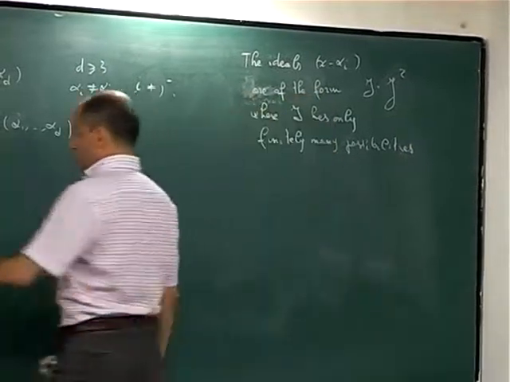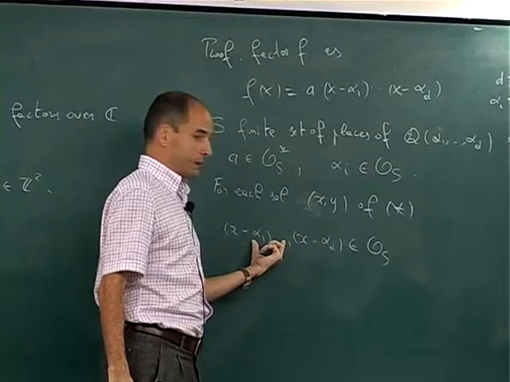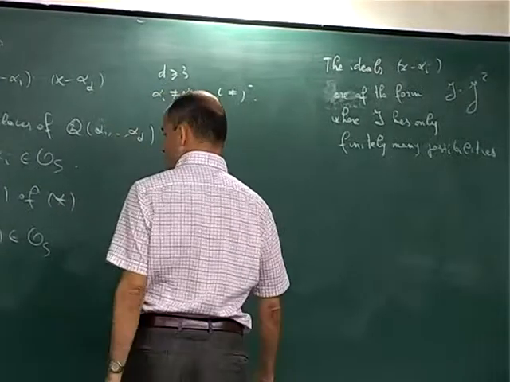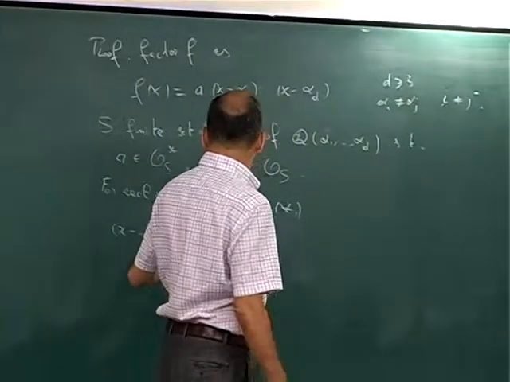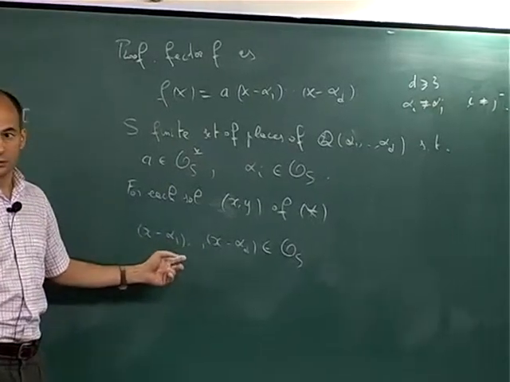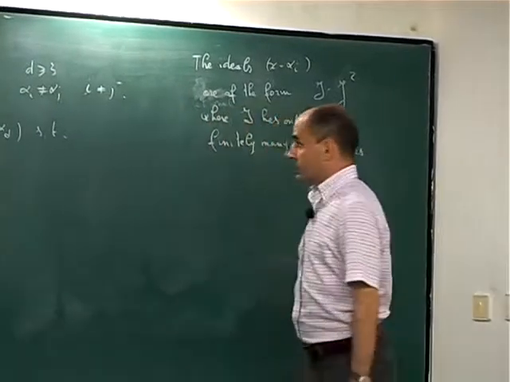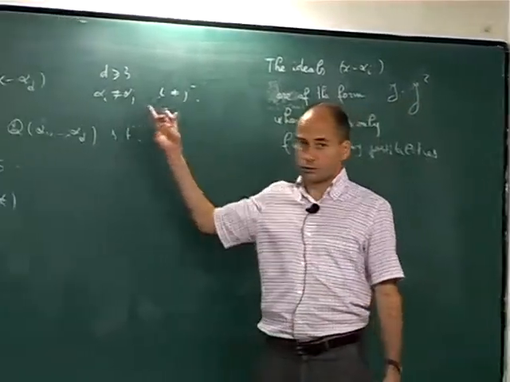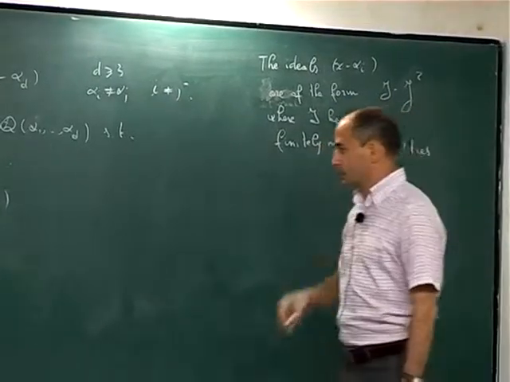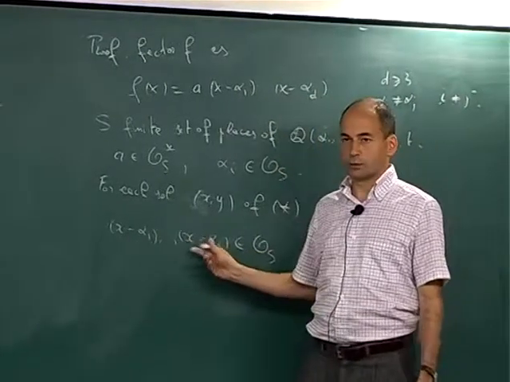This is because the product is a square, and if two elements belong to the same ideal, then the difference, which is alpha i minus alpha j, should belong to this ideal. Actually, if one enlarges S so that alpha i minus alpha j for i different from j are all S units, then no two distinct elements can belong to the same ideal.